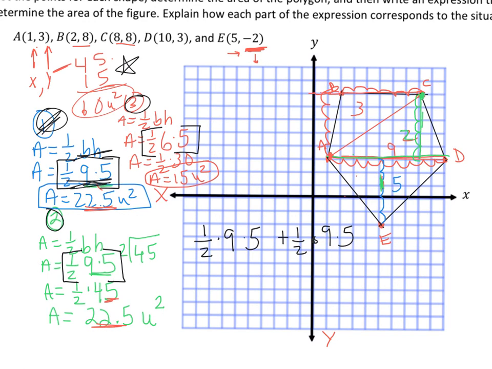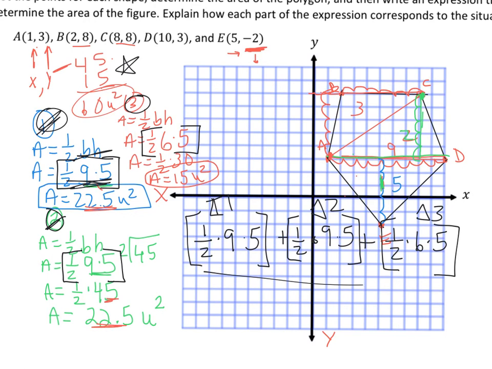So I did this triangle and this triangle, and now I'm going to add in 1/2 of 6 times 5. And if it helps to bracket these off, we don't need brackets. I feel like it helps me, even though they're not necessary, because I can say this is triangle 1, and I'll draw a triangle for that. Triangle 2 and triangle 3. So there's my expression right there.